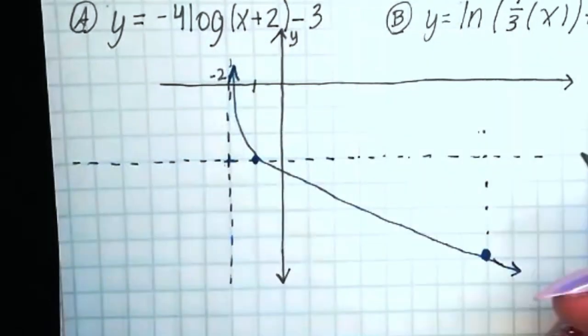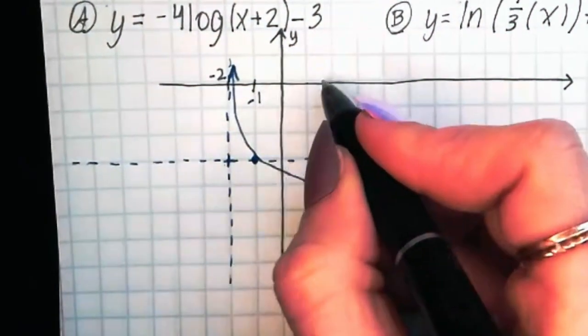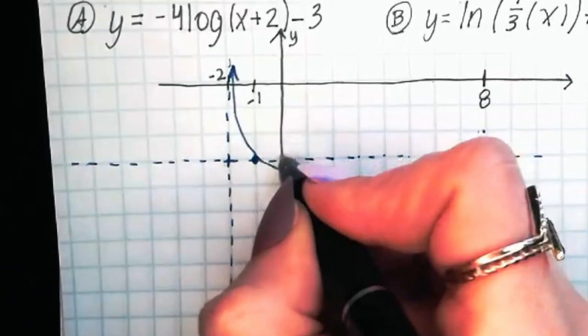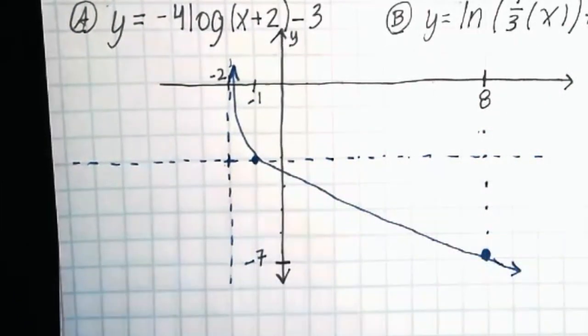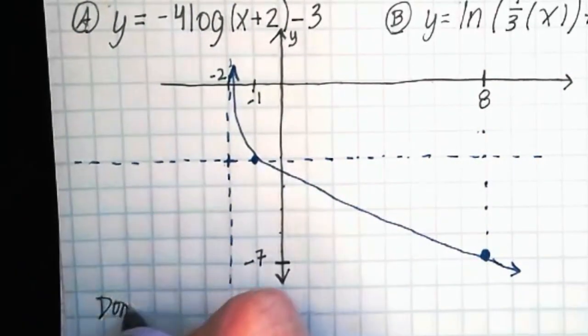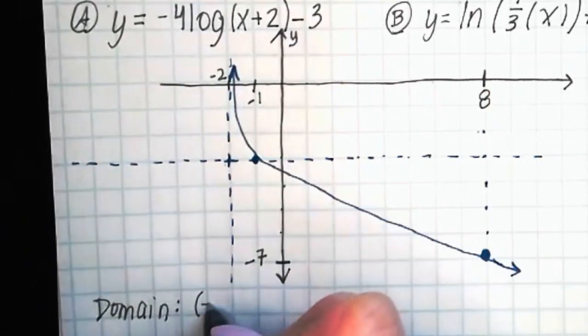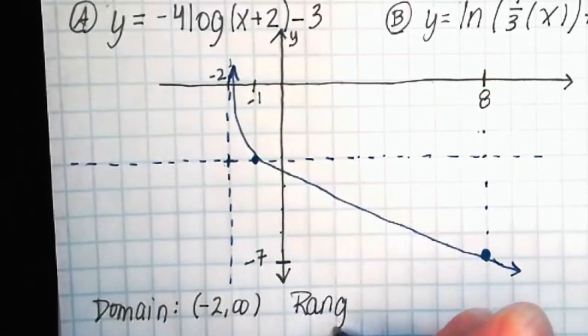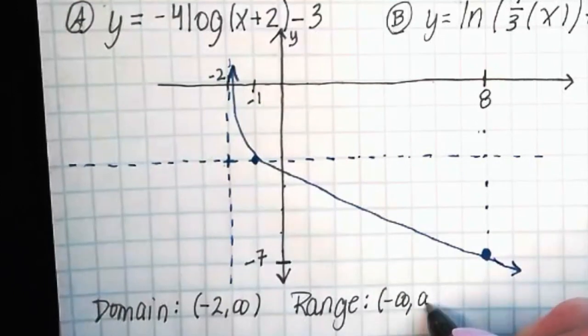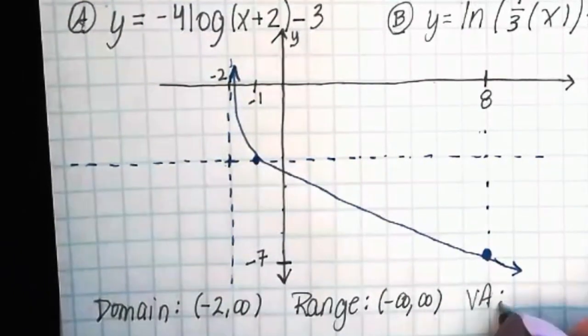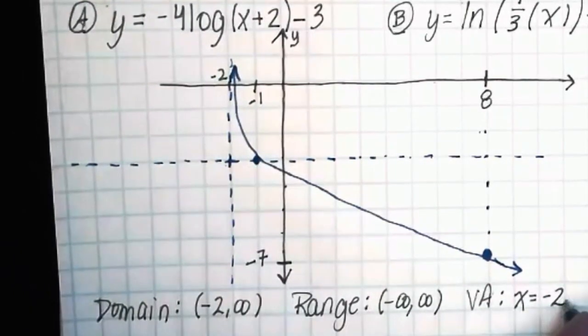I'll label the important numbers. The domain for this function is going to go from -2 until infinity. The range for this function is -infinity to infinity. The vertical asymptote has an equation, x equals -2.